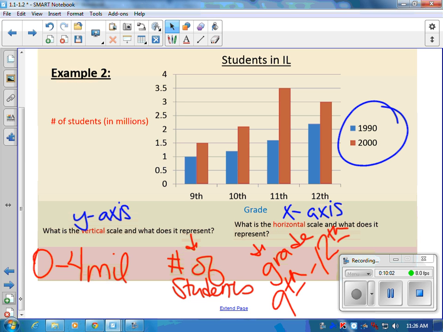In 2000, almost every grade level increases. Except, 11th grade is the highest in 2000. So fairly consistently, we can see that the higher the grade level, the more students there are. Now that doesn't happen all the time, but most of the time, that is a true statement. So trends, we're just looking for what is consistently happening in these graphs.